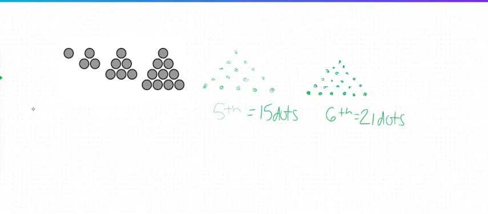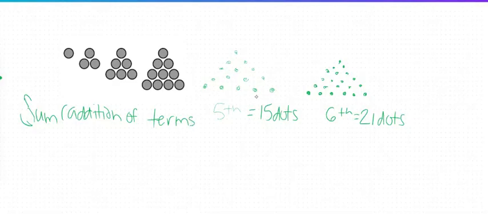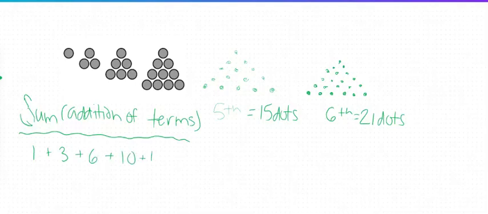Now, if I want to know the total, that would be the sum of the sequence. So sum refers to addition of the terms. And so for my sum of the series, I'm going to have the 1 from the first one, the 3 from the second, the 6 from the next, the 10, then the 15, and the 21.